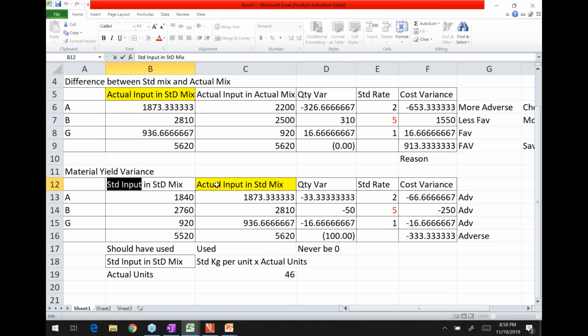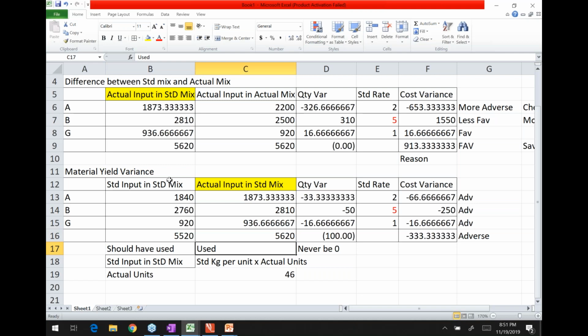Standard input versus actual input. So it's standard input versus actual input. Then this is the difference. So mix variance deals with the mix difference, whereas yield variance deals with the difference of input that should have been used and that has been actually used.